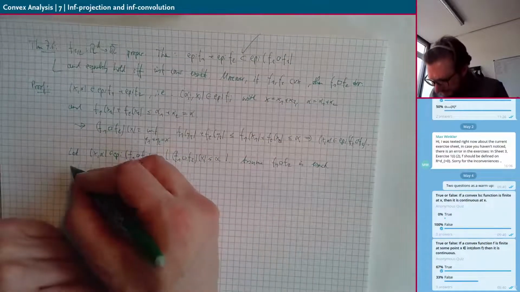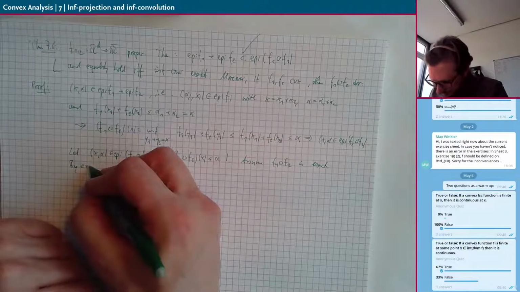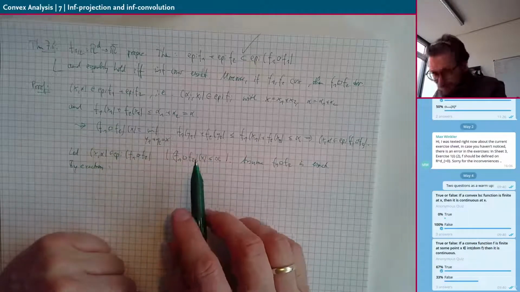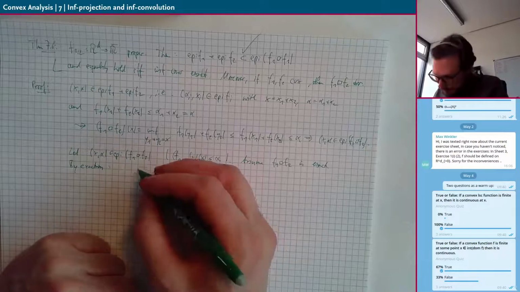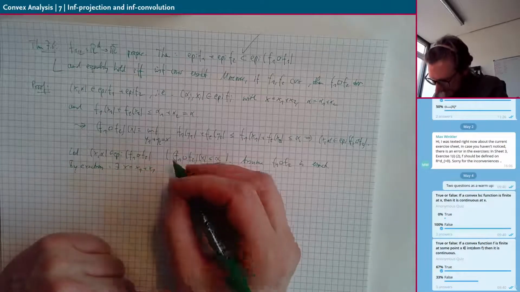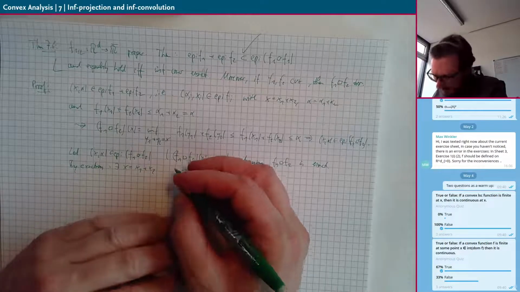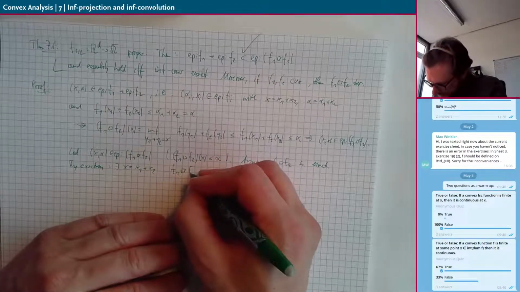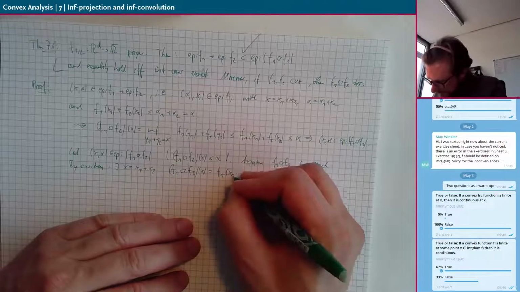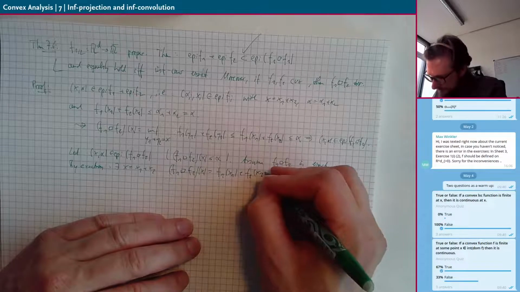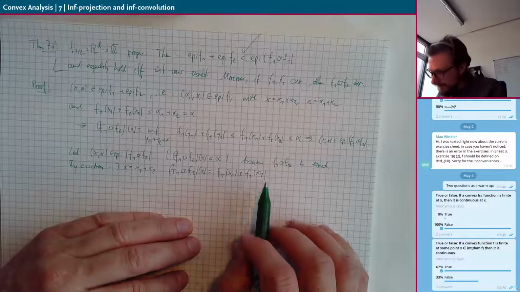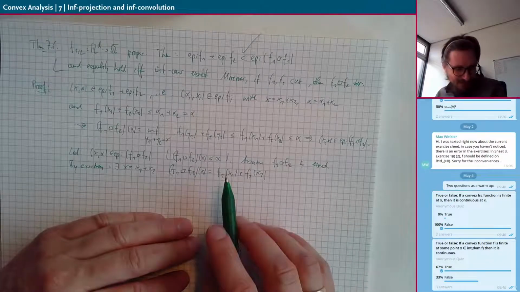By exactness, we can assume that the infimum is attained, which means there exist x1 and x2, a decomposition of x, such that the inf-convolution at x is exactly f1 of x1 plus f2 of x2. Otherwise, each decomposition just gives an upper bound for that value, but here there's at least one decomposition which gives equality.